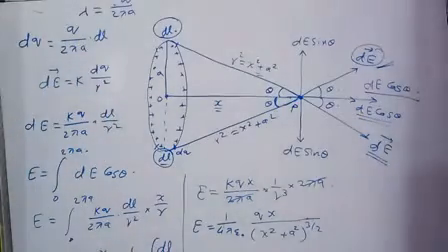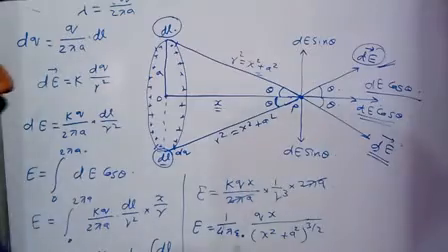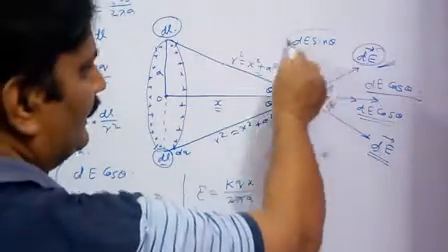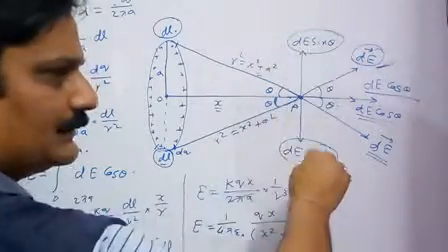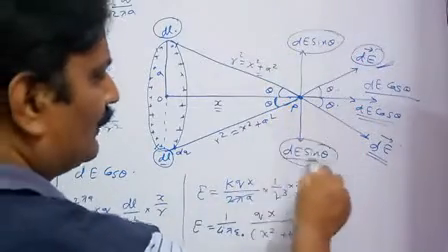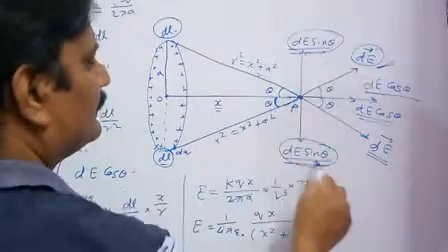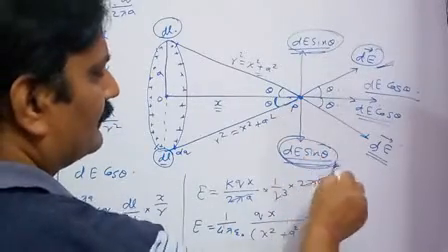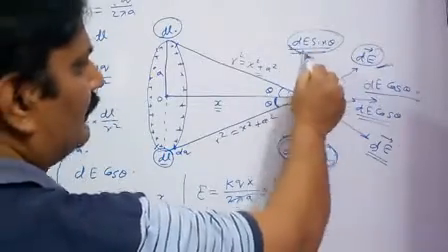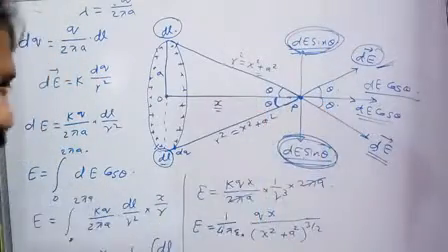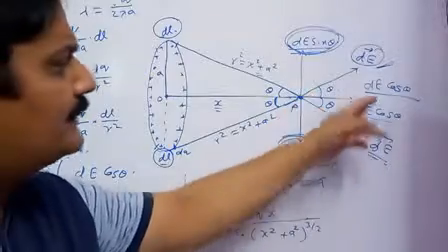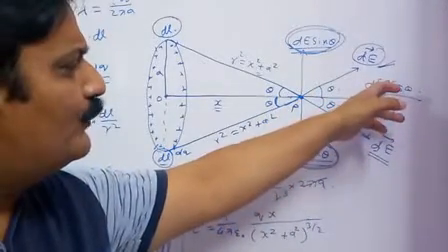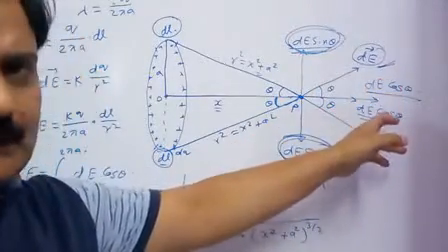But what about vertical components? Vertical component of both the electric fields, dE sin theta and dE sin theta, they are equal and opposite in direction. So these two components cancel out and there is no contribution of this component to the electric field at point P. But total electric field at point P is going to be the sum of the horizontal components, that is dE cos theta and dE cos theta.